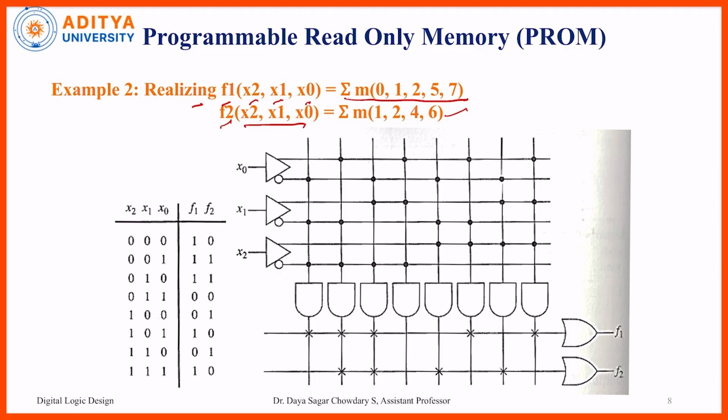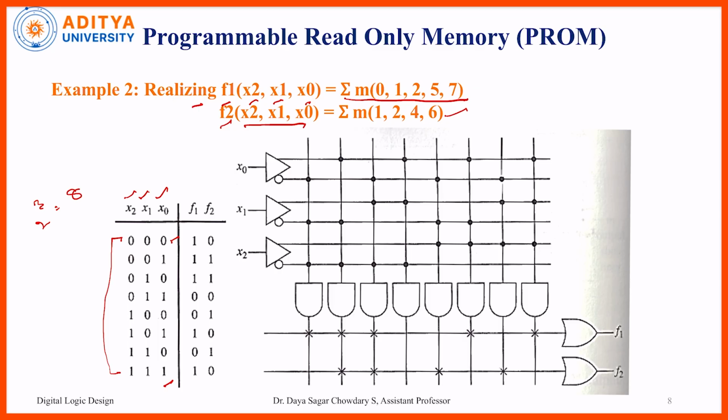Now we have to realize these equations. So x2, x1, x0 are the inputs. With 3 inputs there are again 8 combinations, following the binary combinations from 000 to 111.